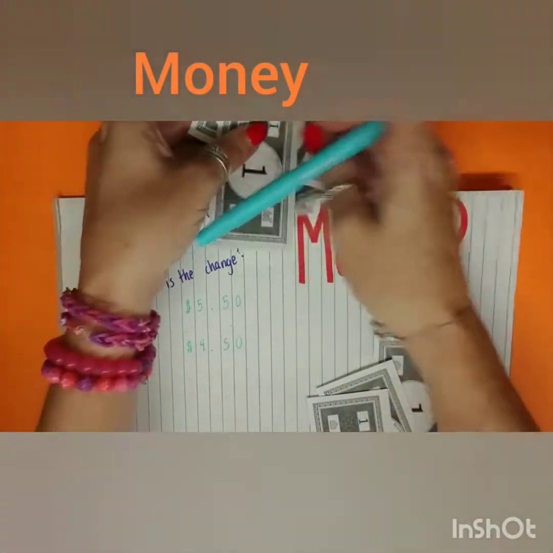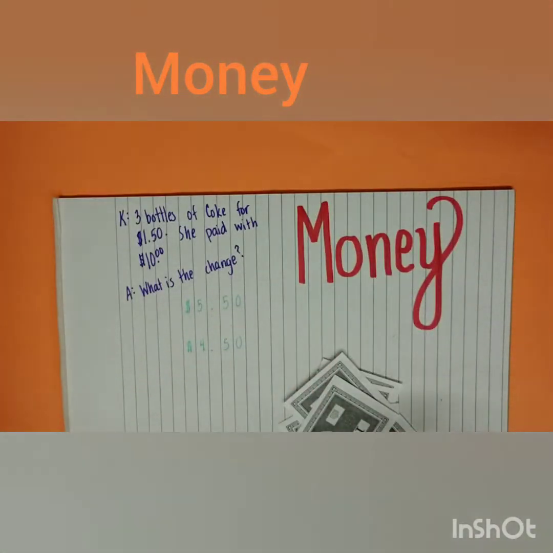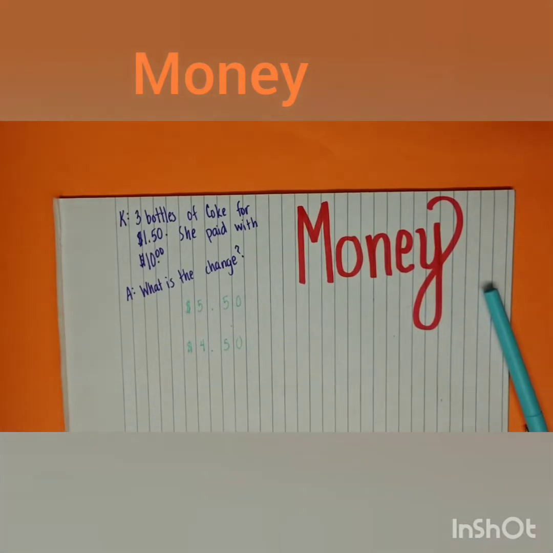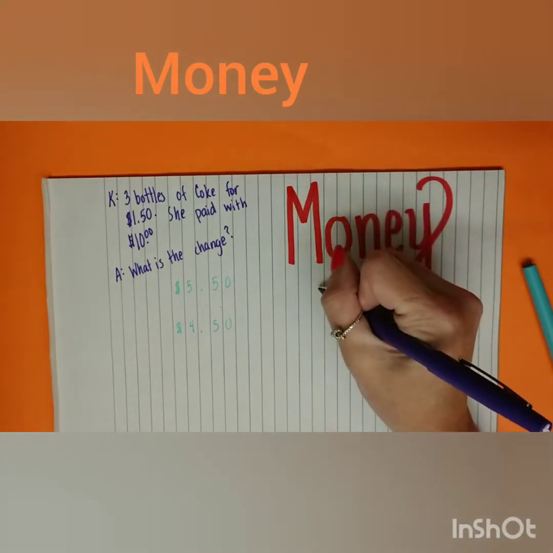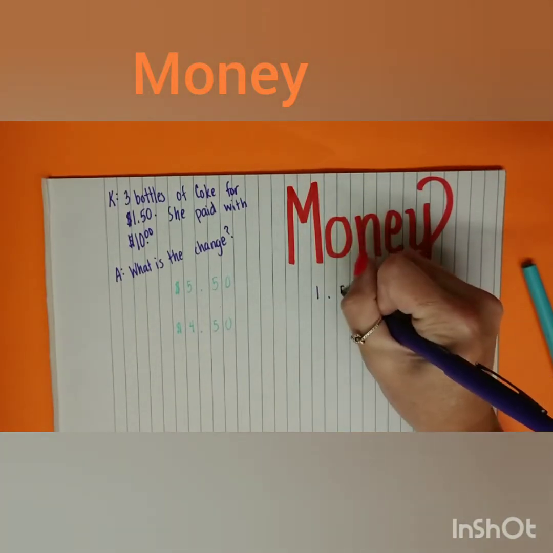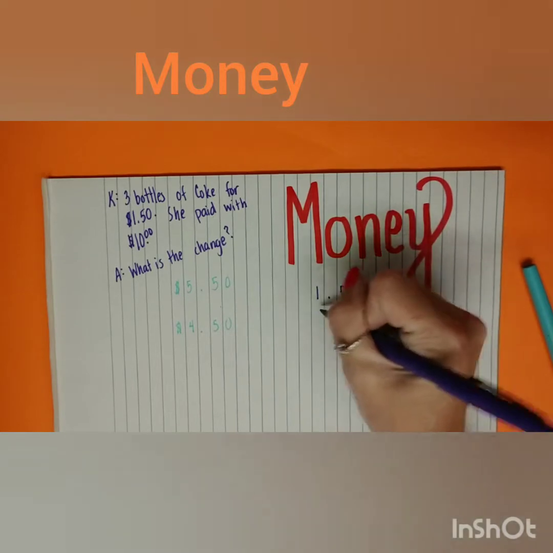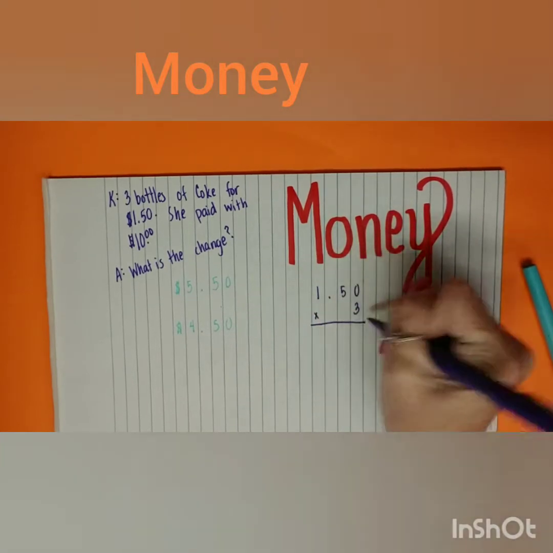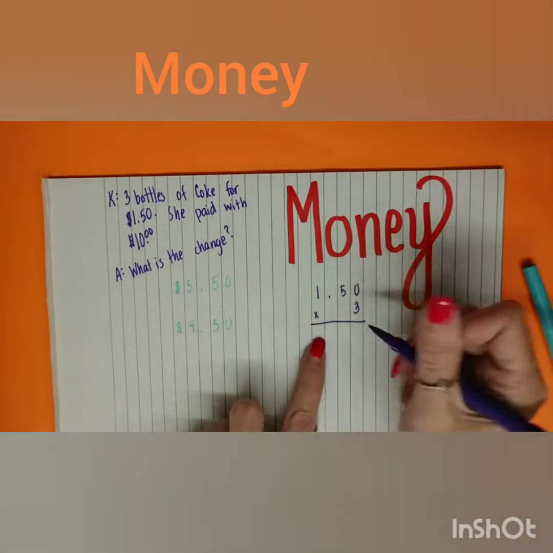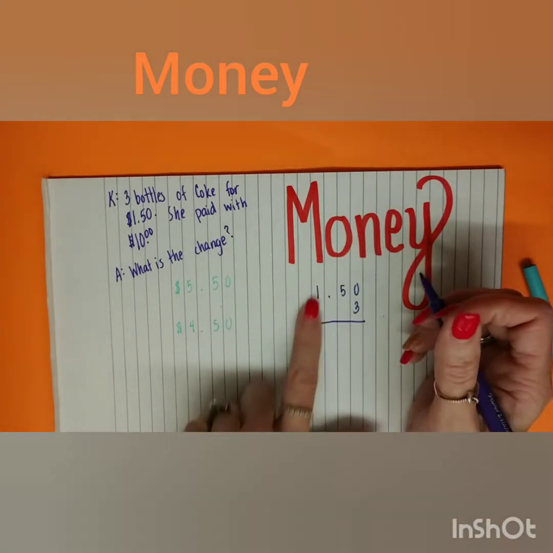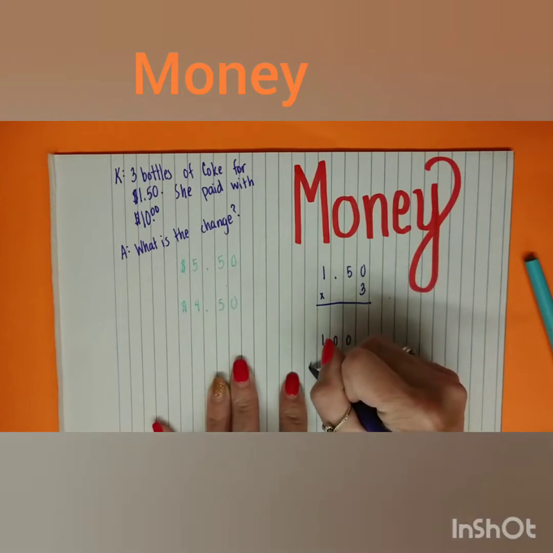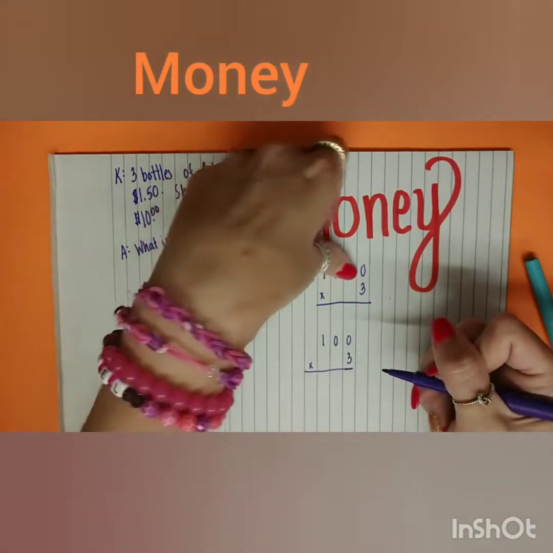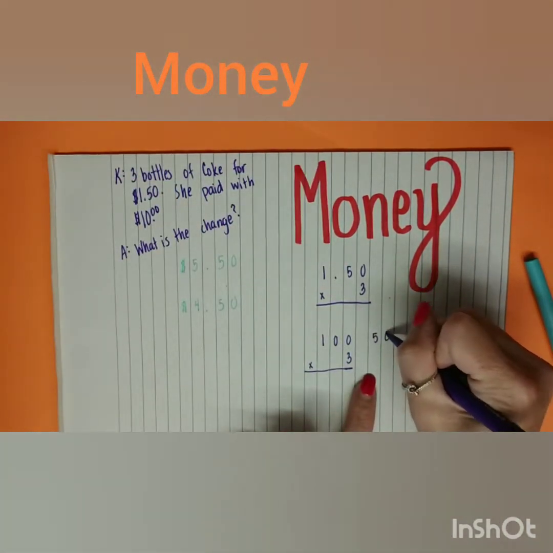Let me get my manipulatives out of the way here. All right, so first things first, we have to determine the cost of the soda. So it's $1.50 times 3, which is the same thing as saying, and don't worry about the decimal point, you can do 100 times 3, like if the decimal point didn't exist, and 50 times 3.